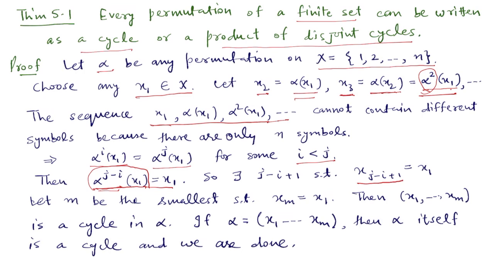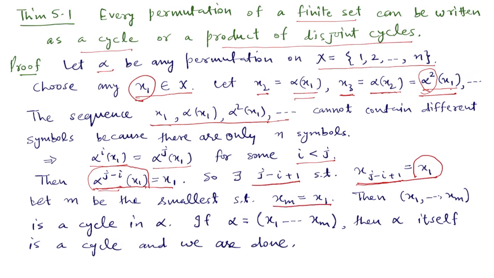So we have an integer j minus i plus 1 such that x j minus i plus 1 is again x1. So when we start with an element x1 and keep on applying alpha again and again on the images, after some stage we reach the same symbol x1 where we started. So let m be the smallest such that xm is equal to x1.